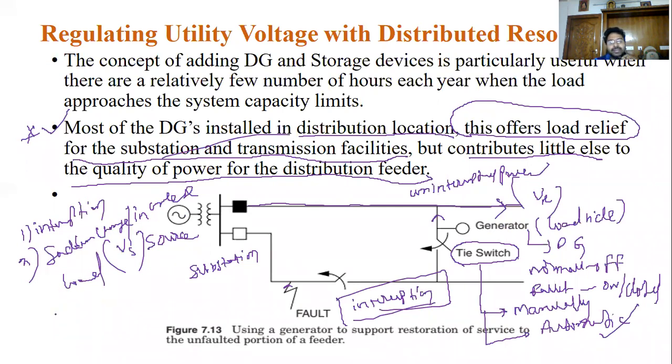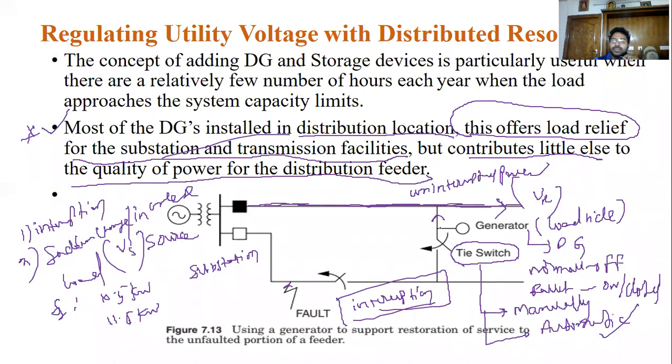For example, suppose the load is 10.5 kilowatt, and due to some reasons there is some additional load that increases it to 11.5 kilowatt. But this line is only supplying, so it can only meet the 10.5 kilowatt load.